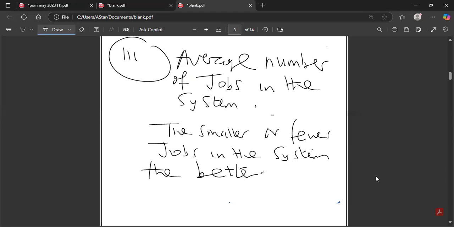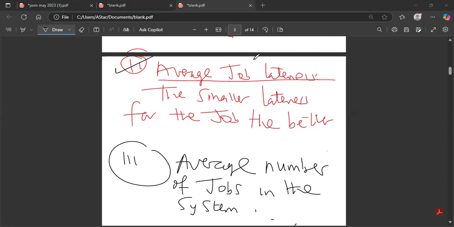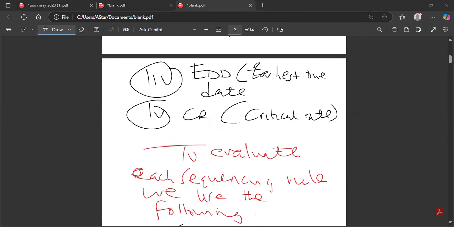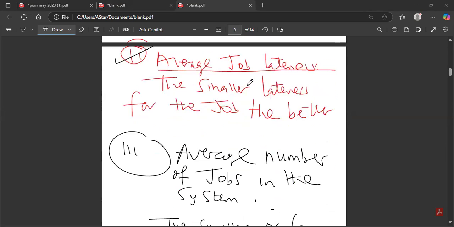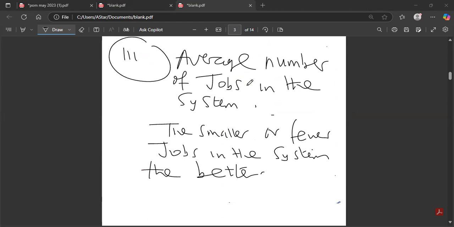If I have few assignments to work on, you can give me another assignment because you know that I'm able to manage them. So the fewer of each of them, the better. The smaller the completion time, the better, because I can manage the queue. The lateness, I shouldn't be very late. And the average number of jobs in the system, the smaller the better. Is that okay with you?